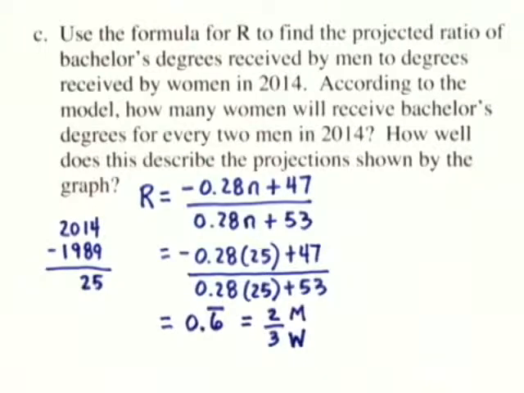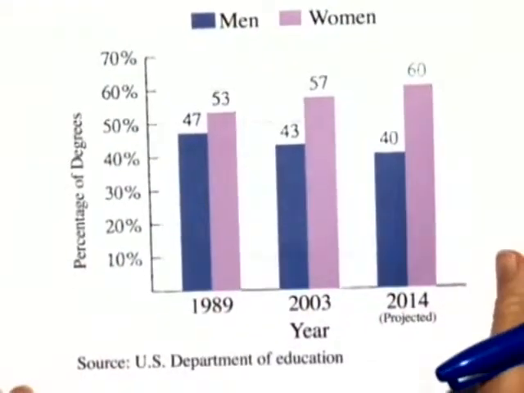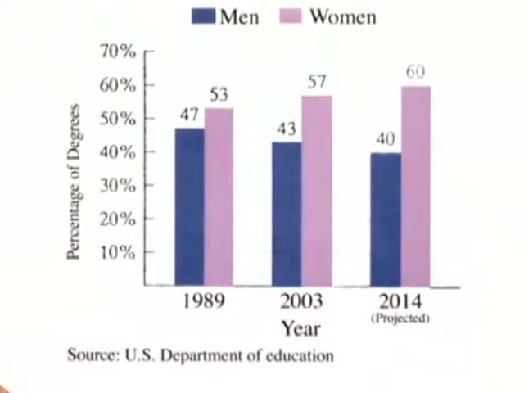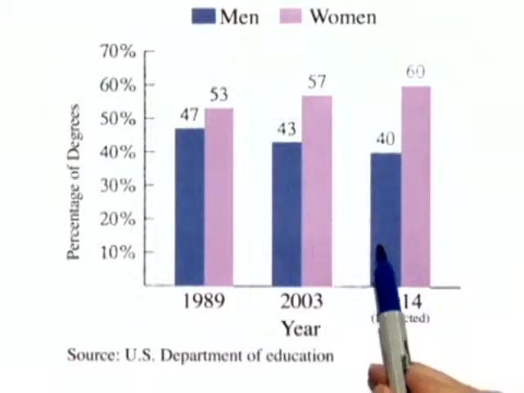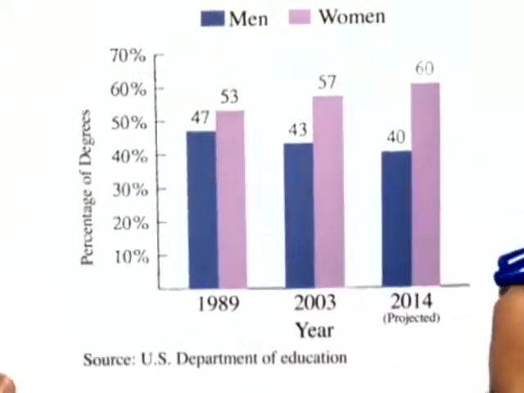How well does this describe the projections shown by the graph? Let's look one more time at the graph. In the year 2014, the bar graph shows that for 40% of men receiving a bachelor's degree, 60% of the women receive a bachelor's degree.